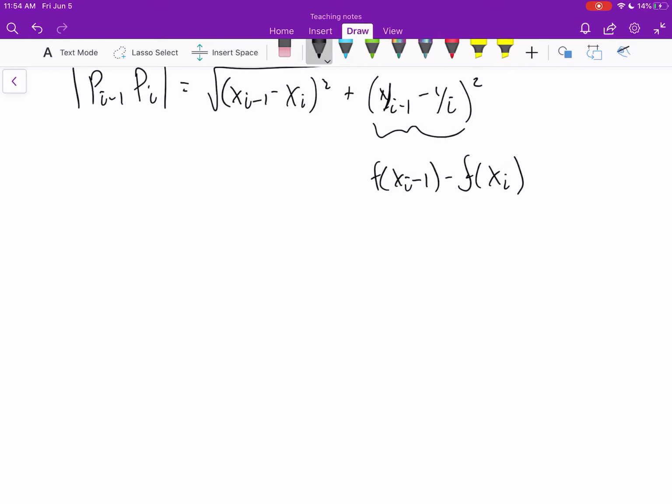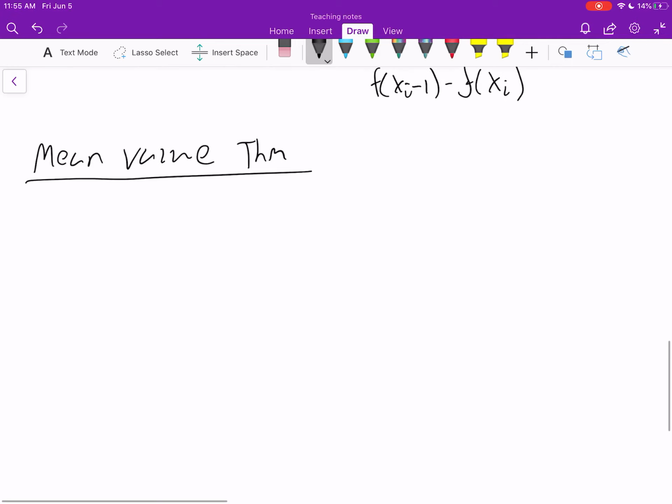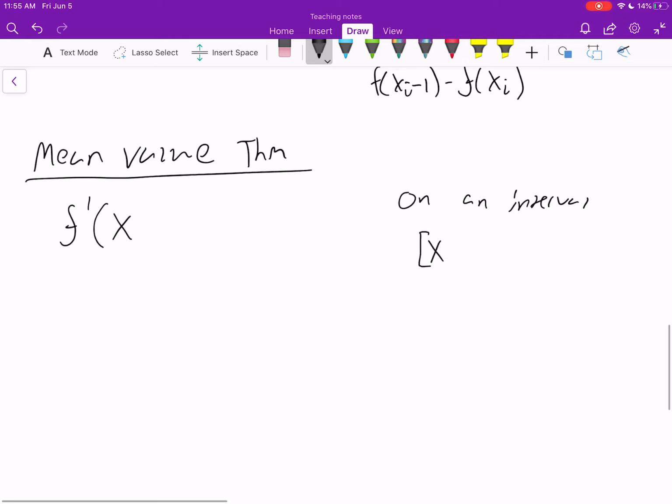By the mean value theorem, remember the mean value theorem says that on any closed interval, say x sub i minus 1 to x sub i, we have the following.